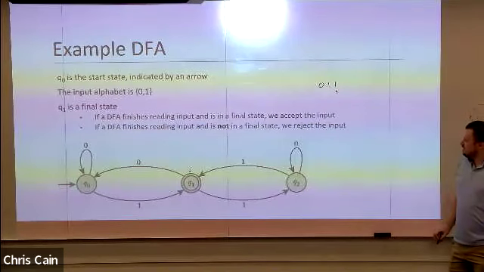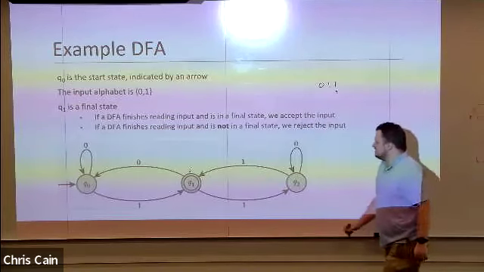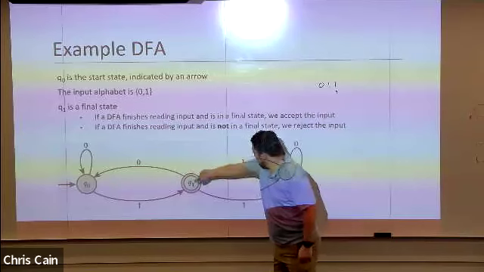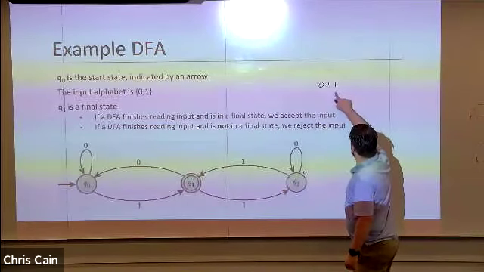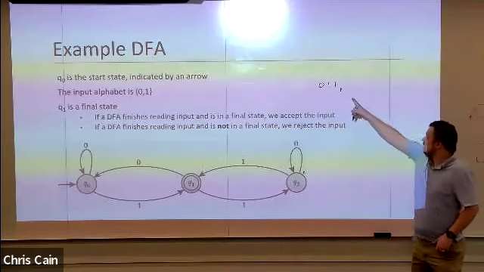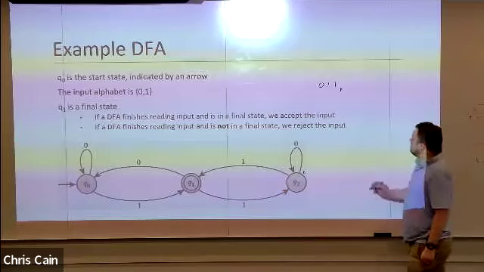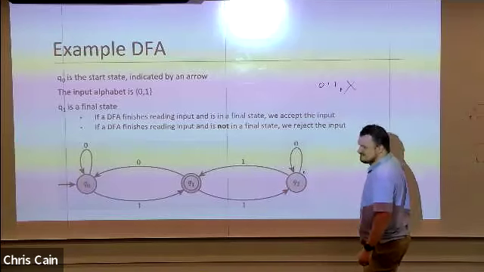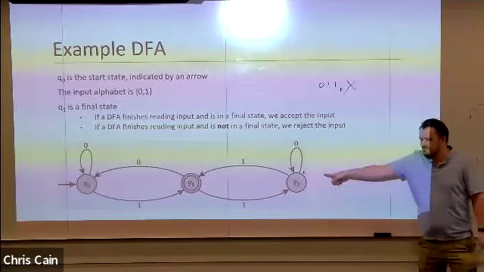From Q1, when we read a 1, where do we end up? Q2. So we're going to move from Q1 to Q2, and we will consume this 1. We now determine we are at the end of the input. Are we in a final state? We are not. So this string gets rejected. It is not part of the language that this DFA accepts.